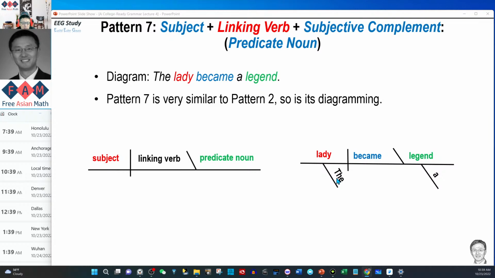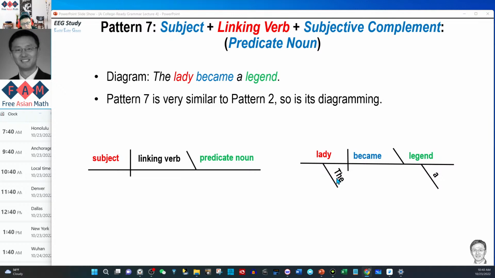Remember, in pattern number 5, when we have a transitive verb, the object is not logically directly related to the subject. It must go through that transitive verb. The object is impacted or affected by the action. It's the recipient of the action. On the other hand, the subject is the agent or the performer of the action.